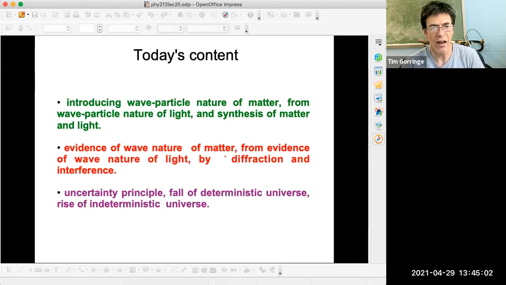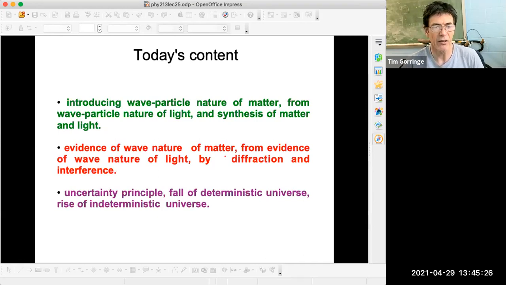They are a unification, a synthesis of our understanding of matter and light. And like in the last class, we introduced some equations to describe the particle-like properties of light. In this class, we introduced some equations to describe the wave-like properties, the de Broglie wavelength of matter. And so that was most of this class.